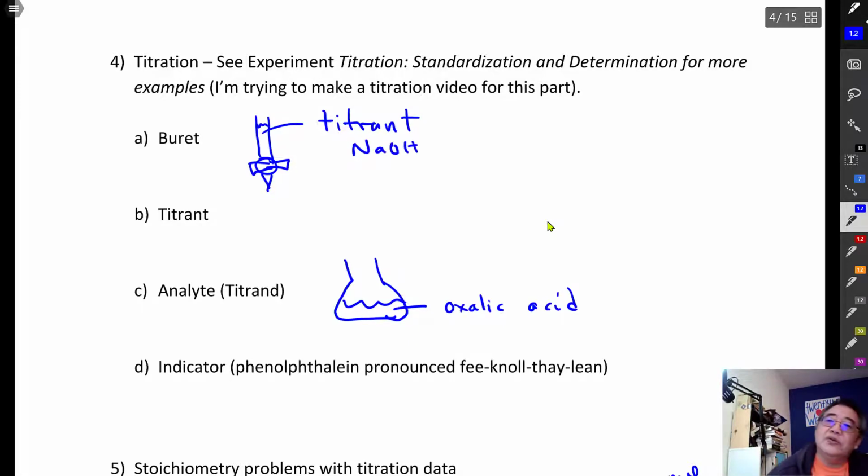And you'll notice that when you do titrations, it doesn't have to be exactly like this, but you have sodium hydroxide in the burette, and you have an acid in the Erlenmeyer flask. These always have to be a combination of an acid in one and a base in the other. So in this case, we have the base here, and the acid is over here. And the reaction that actually takes place is this one.